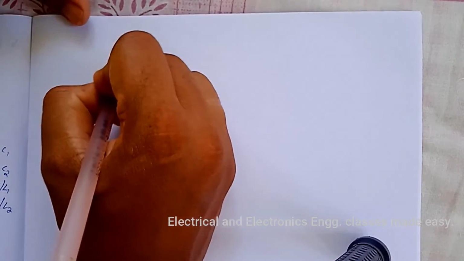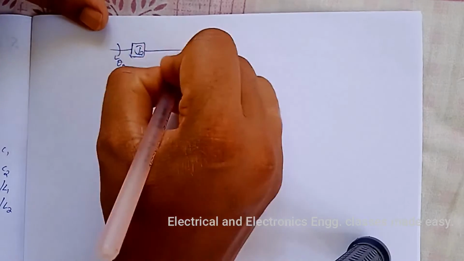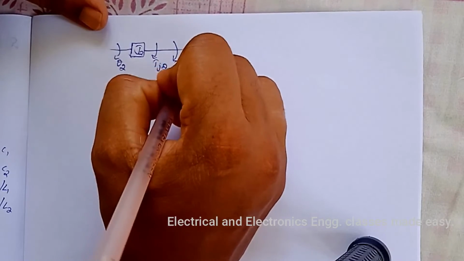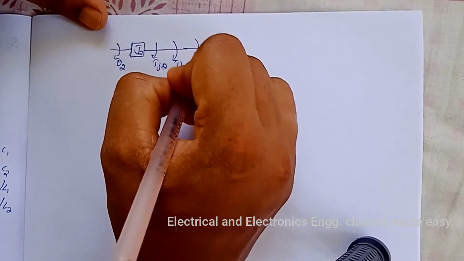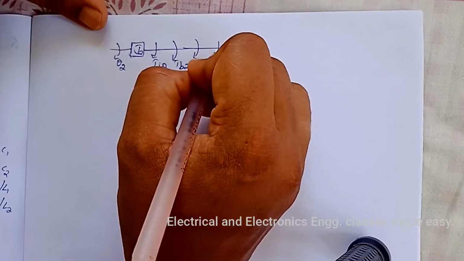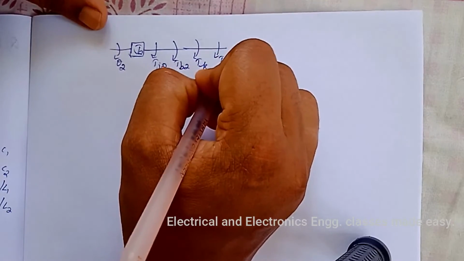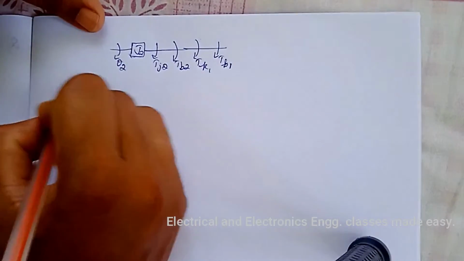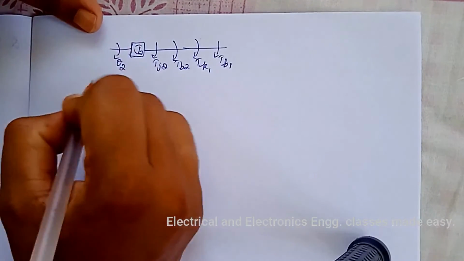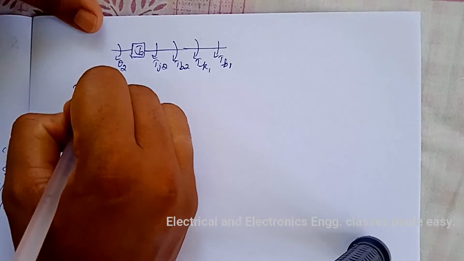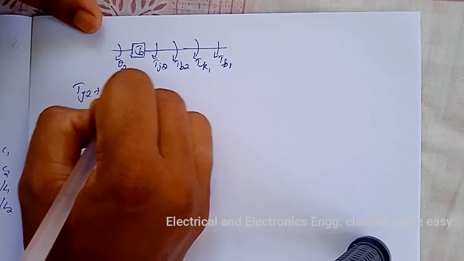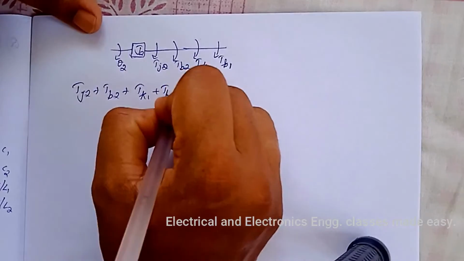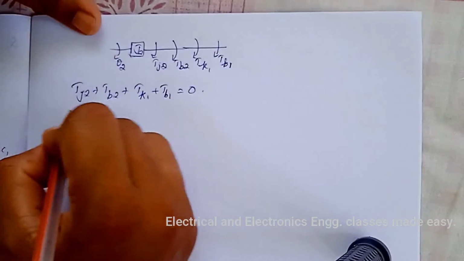J2, then angular displacement is theta 2, then T J2, T B2, T K1, then T B1. Now by Newton's second law we can write T J2 plus T B2 plus T K1 plus T B1 equal to 0.